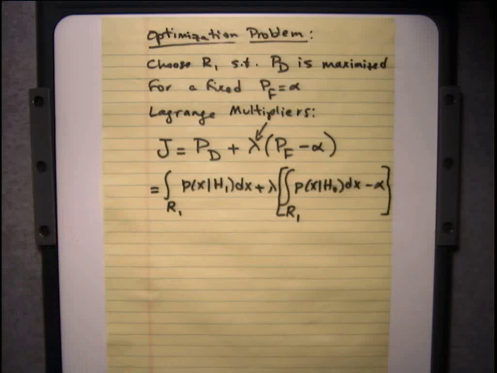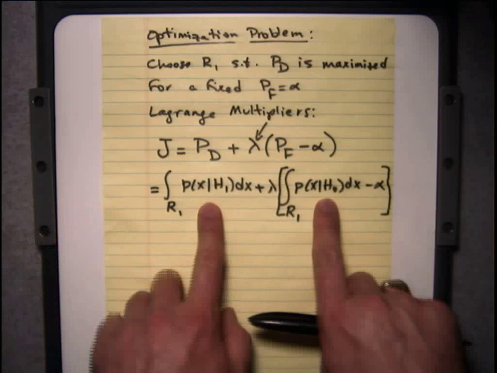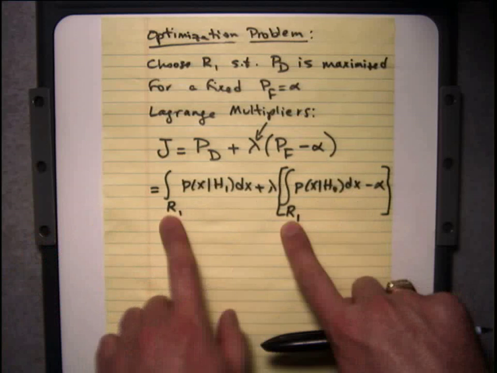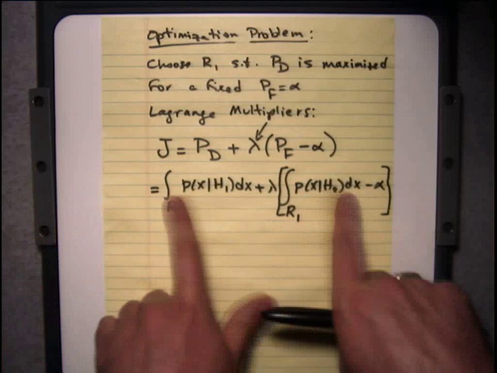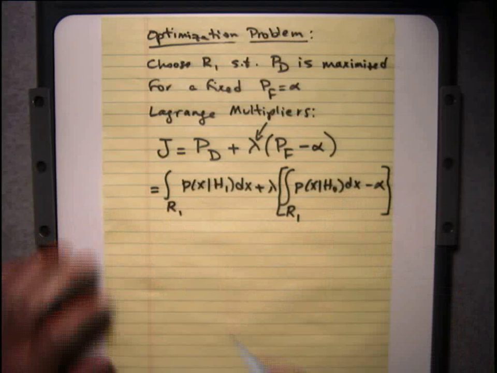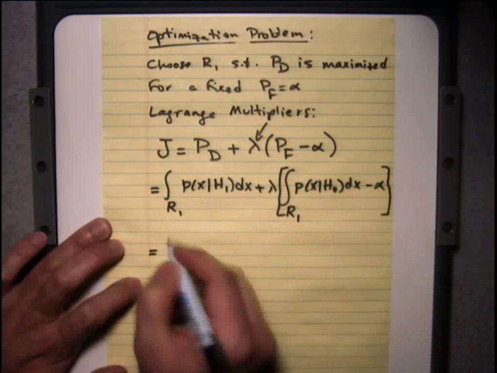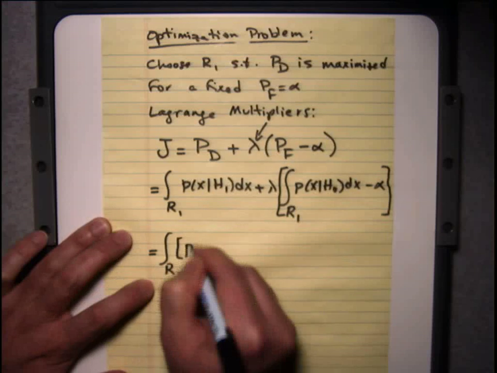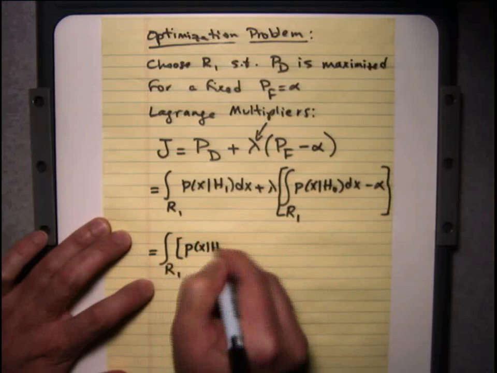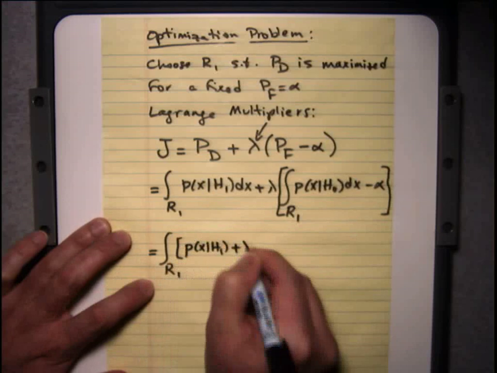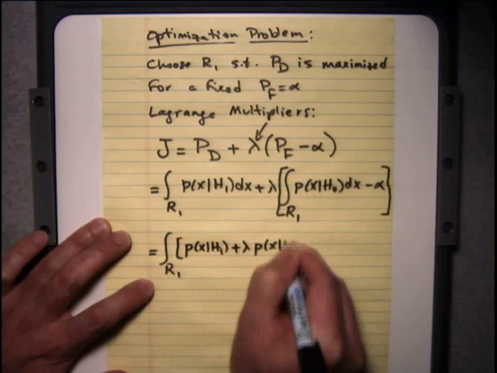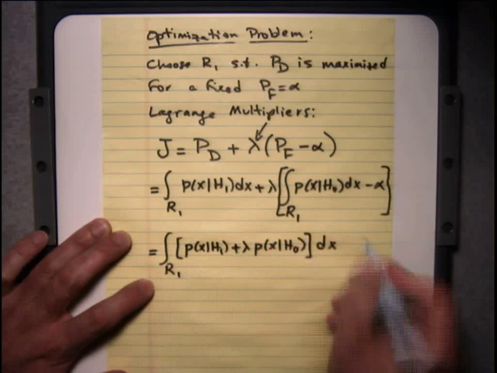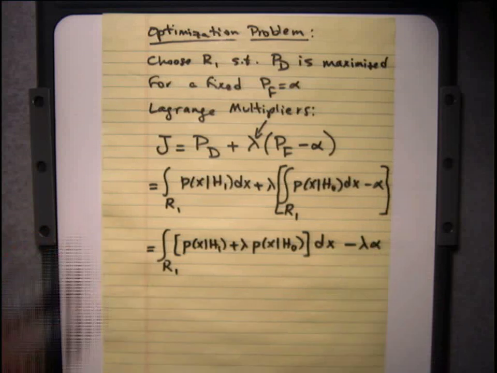Now these two terms both involve an integral over dx and over the same region of space, so I can group them together. I write this as the integral over R1 of p of x given h1 plus lambda p of x given h0, dx, minus lambda times alpha.